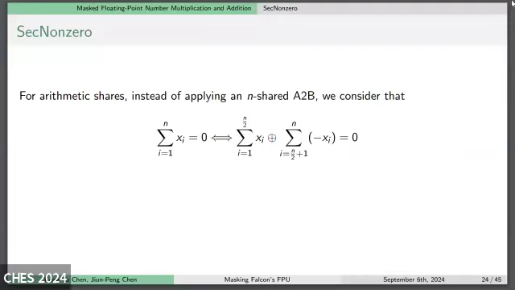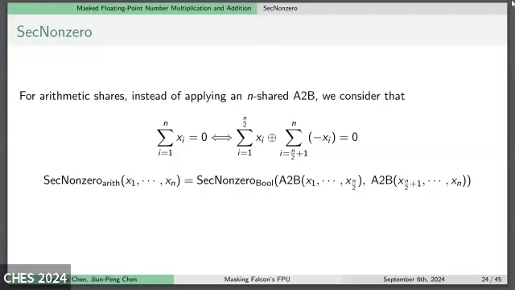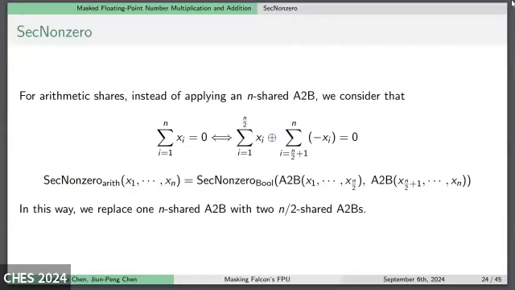Using this relation, we can apply two n over 2 shares A to B on the first n over 2 shares of x and the last n over 2 shares, and then we apply the Boolean version of secure non-zero. This is how we construct the arithmetic version of secure non-zero. In this way, we replace one n-shared A to B with two n over 2 shared A to Bs. In most designs of A to B, this is a good deal. It will be more efficient.